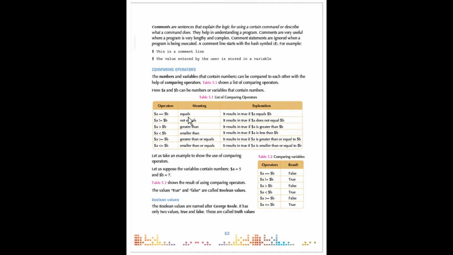First is equals, like A equals B. It results in true if A equals B. We use these operators when we have to work with loops or controlling statements to use some conditions. In a few minutes we will discuss the controlling statements and loops.